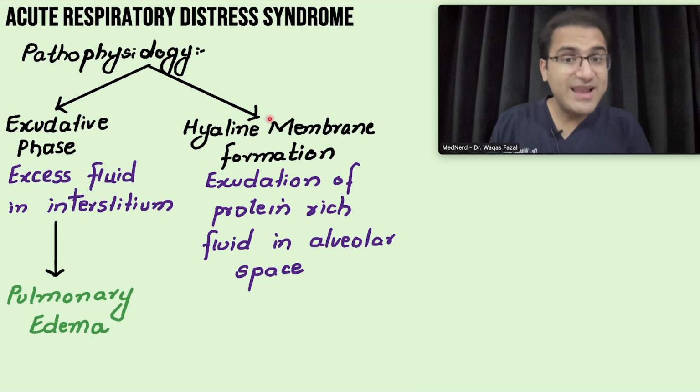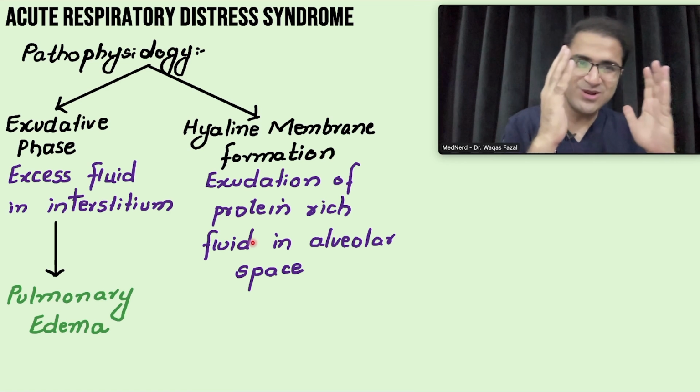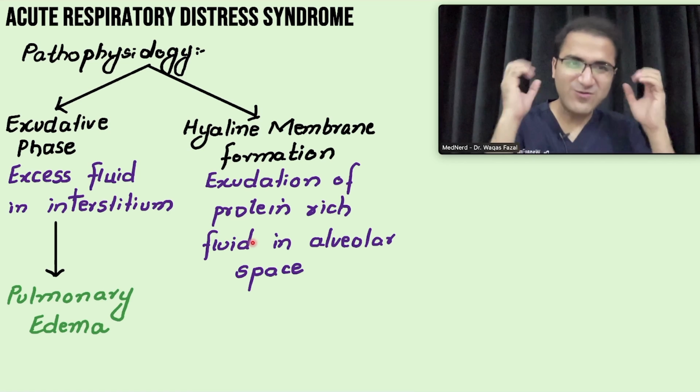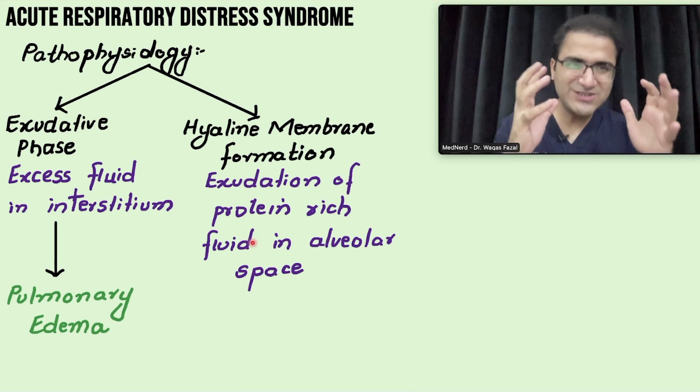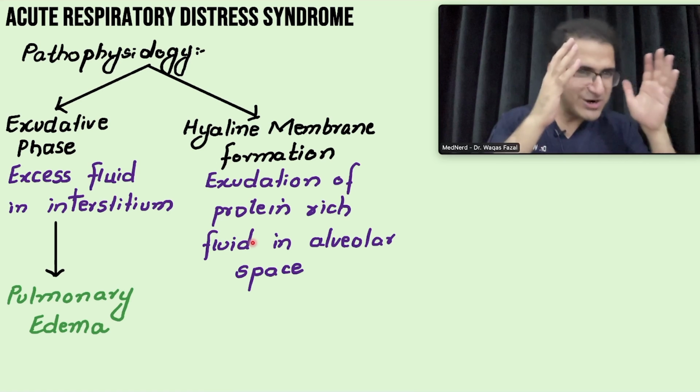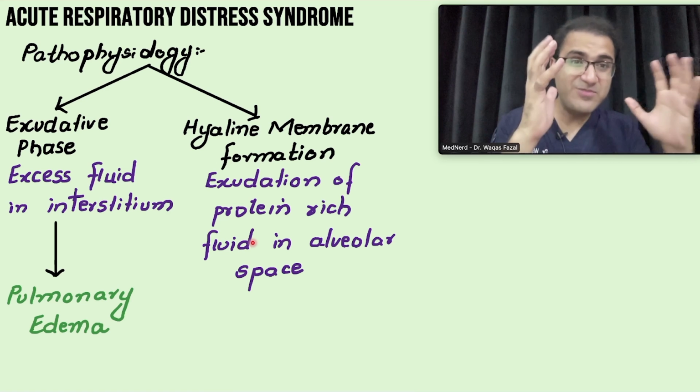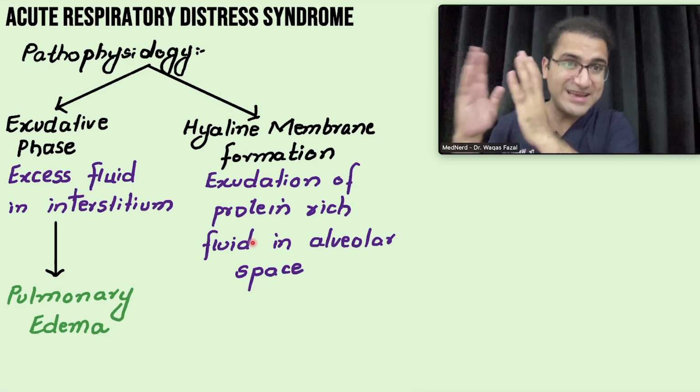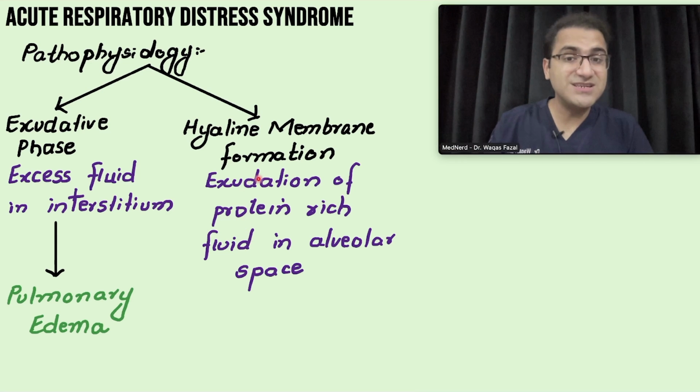And then there is the hyaline membrane formation phase. In this phase, there is exudation of protein rich fluid. The inflammation that is going on in the body is producing lots of antibodies, lots of proteins to fight off that infection. But those proteins, those inflammatory markers, are moving and attacking the lungs now, and that results in exudation of protein rich fluid in the alveolar space.